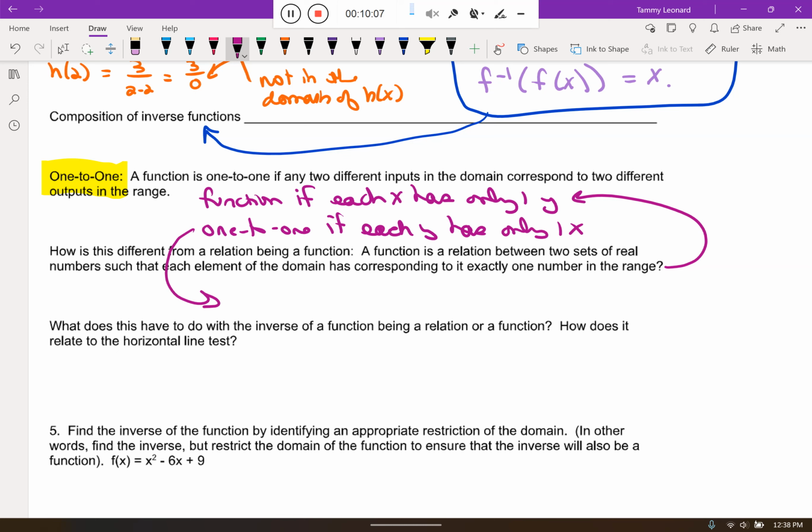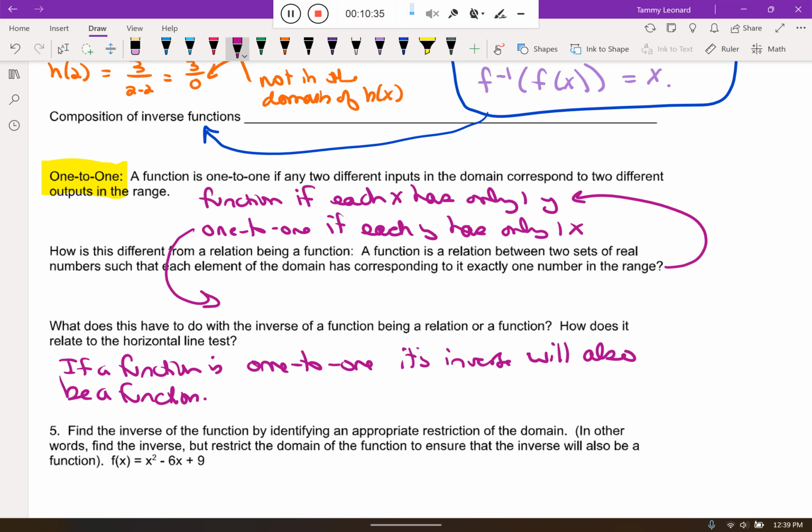How does it relate to the horizontal line test? So you might remember earlier on when I was giving these notes, I mentioned that we can use the horizontal line test to predict what's going on. If a function is one-to-one, its inverse will also be a function.